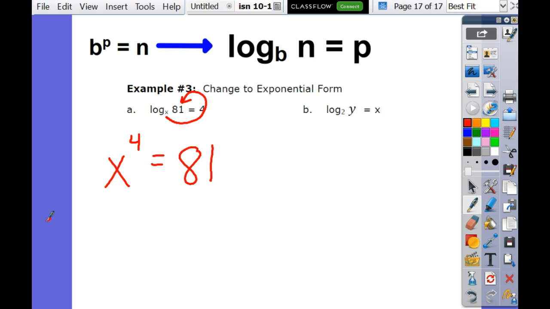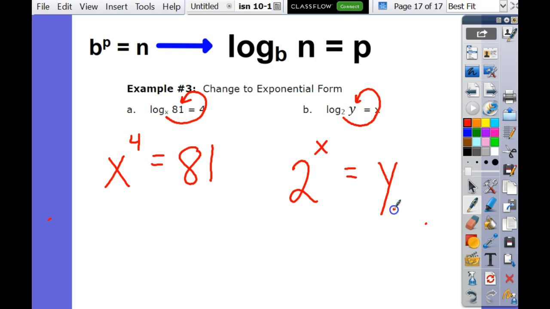What number would you have to have there for your base if you're going to raise it to the 4th power and it's going to be equal to 81? If I had my chart up there, could you do it? It is 3 to the 4th power would be equal to 81.